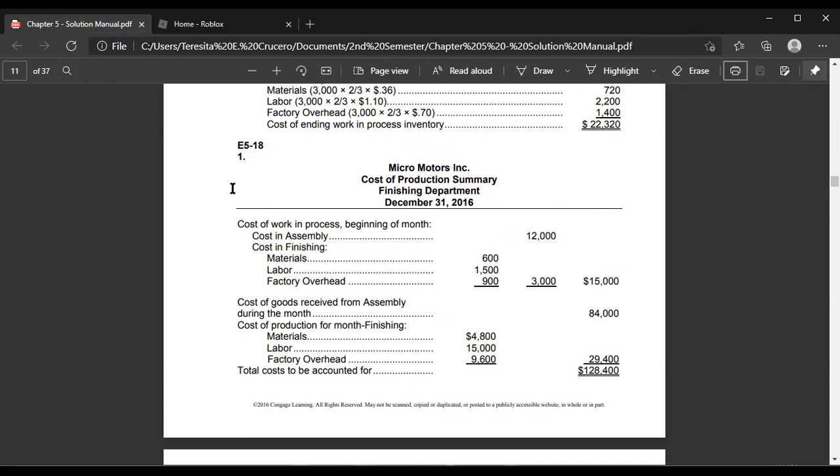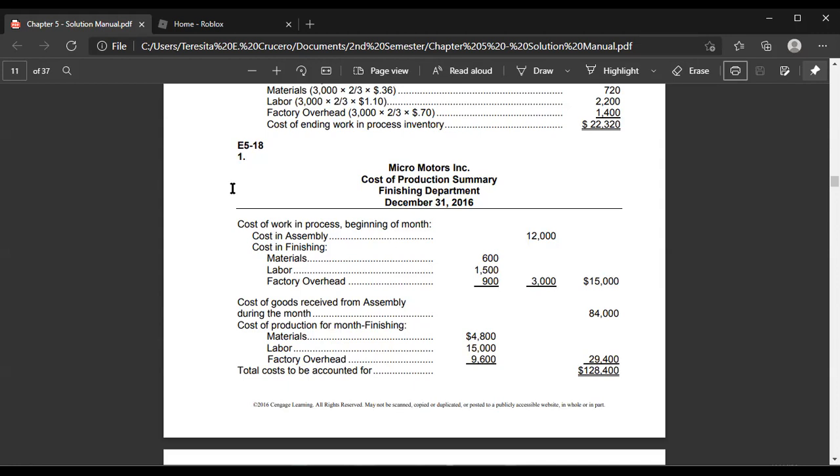The cost is the cost in assembly, we are given 12,000, and the cost in finishing given are materials, labor, and factory overhead. Then we have the cost of goods received from assembly during the month, given as 84,000. And we have the cost of production for the month in the finishing, given materials, labor, and factory overhead.